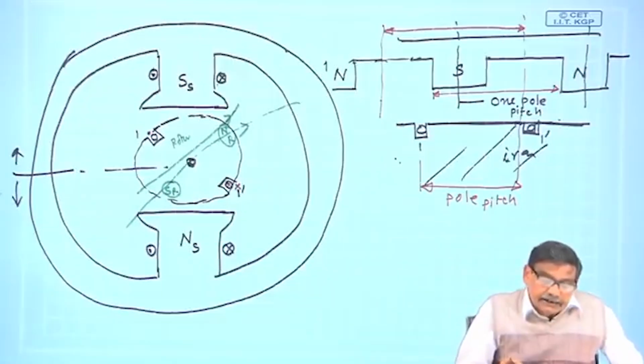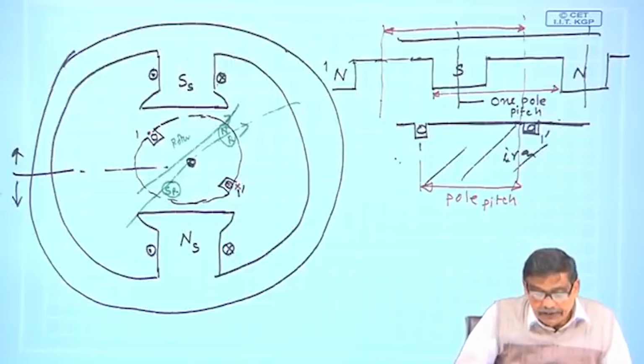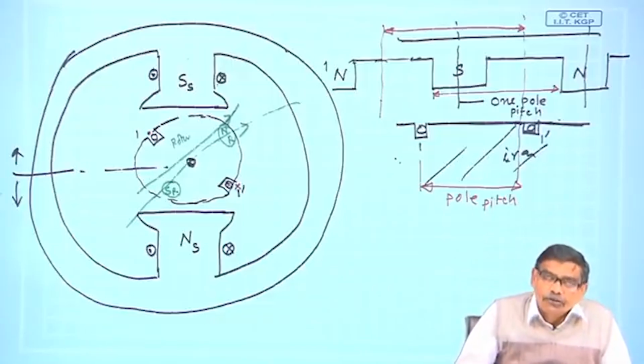The point I am trying to drive at is to think always in this way, that in any rotating machine there will be a stator structure, it will house windings, and those windings will carry current.